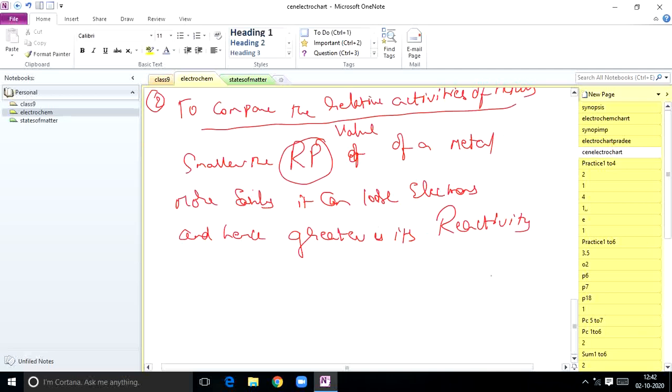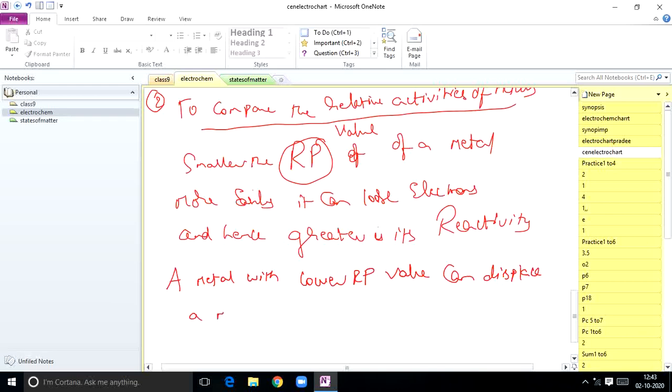Okay, did you understand this point? Next, a metal with lower reduction potential value can displace a metal with higher reduction potential value from its aqueous salt solution.